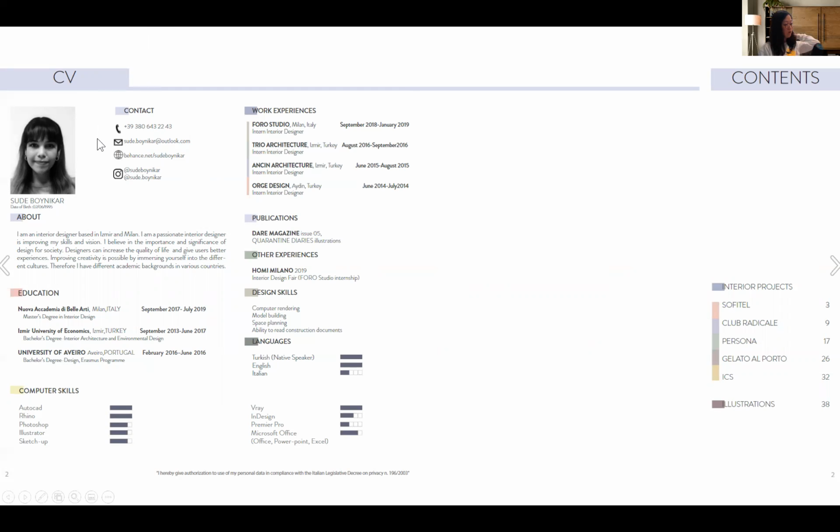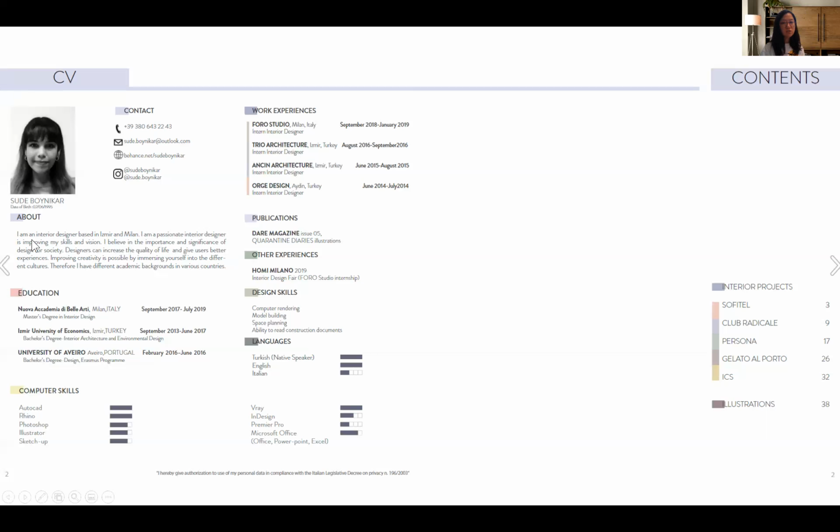We are just doing your photo. You may not use your photo, but put your name, and it is always good to have an introduction statement about yourself. You have already worked on that in other modules.